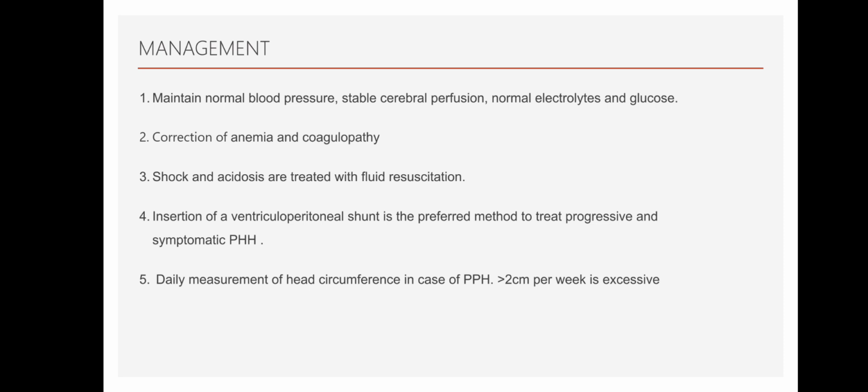How do we manage intraventricular hemorrhage? The most important thing is to maintain a normotensive environment in the baby, and that will lead to stable cerebral perfusion. At the same time, we have to keep glucose and electrolytes in a normal range. If there is coagulopathy or anemia, we have to correct it, and correct shock and acidosis by volume and fluid resuscitation.